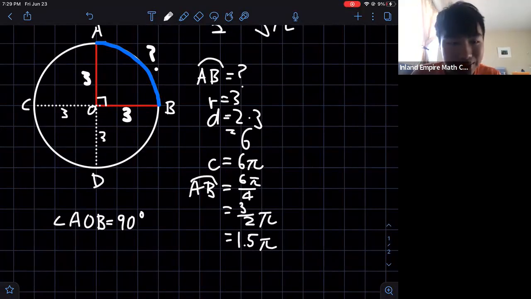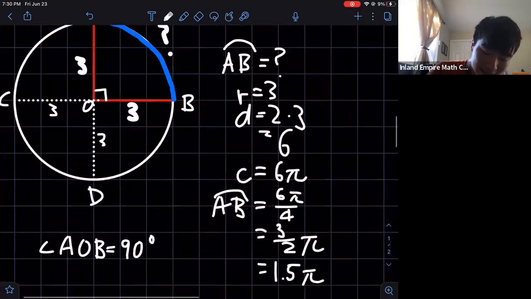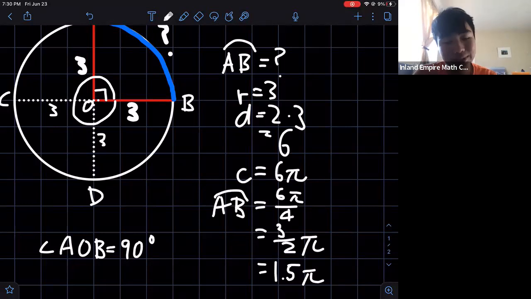So an angle on the center point. So AOB is 90 degrees. And if we move the circle around, if we have a 360-degree angle that goes all the way around like that, then we would actually have the entire circle.